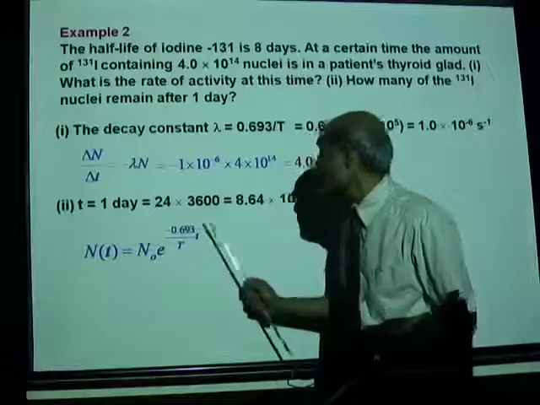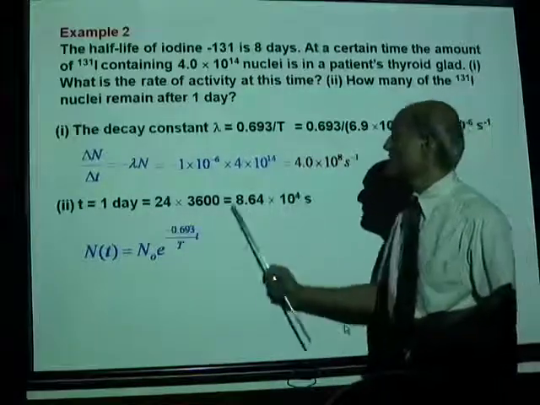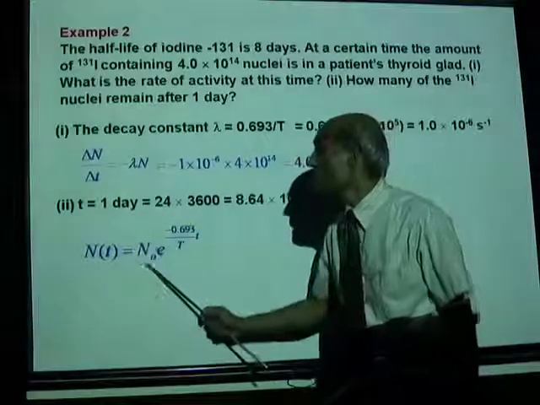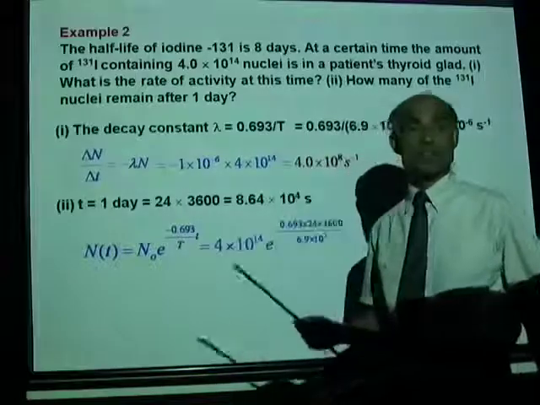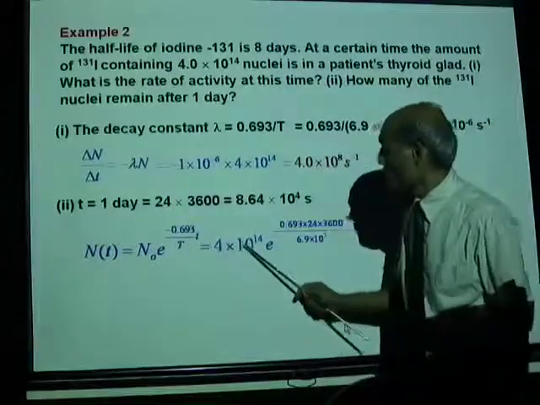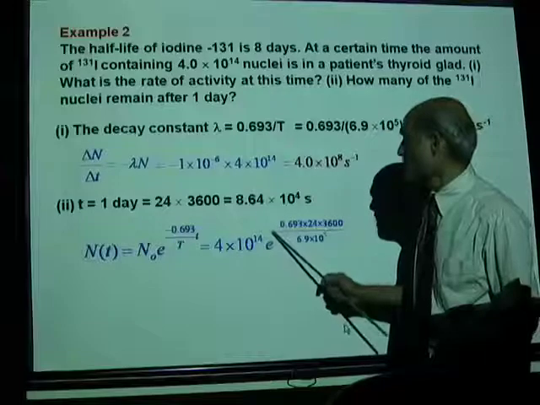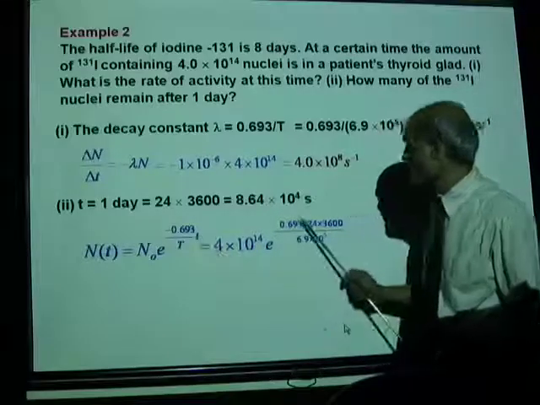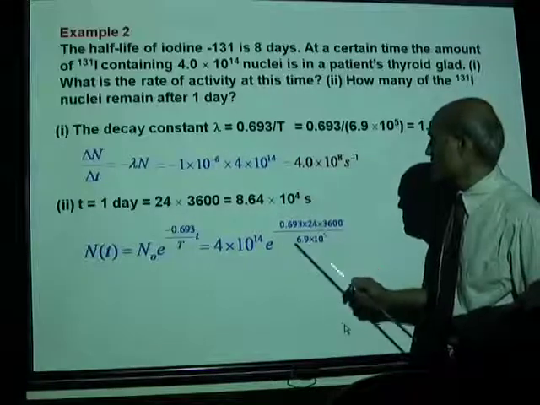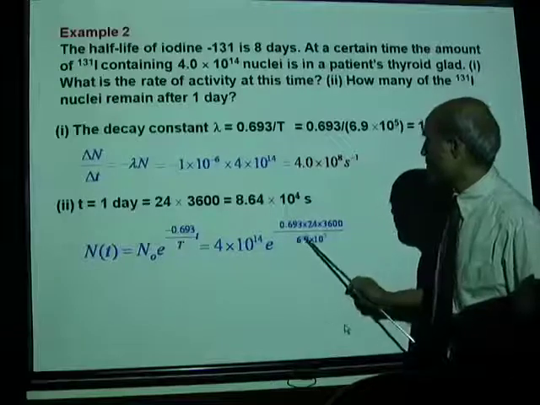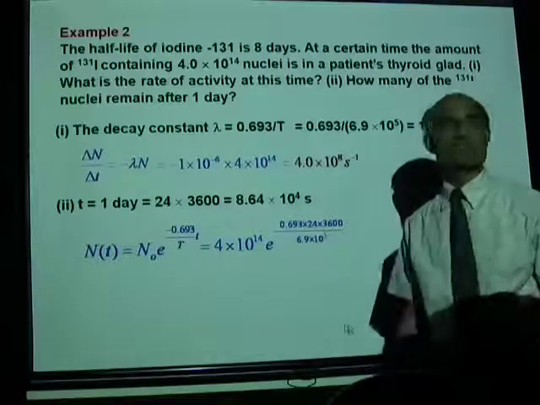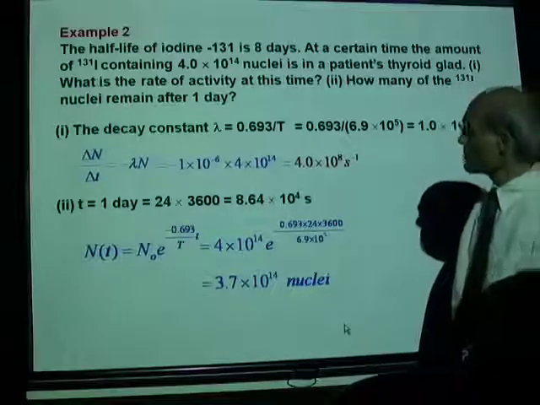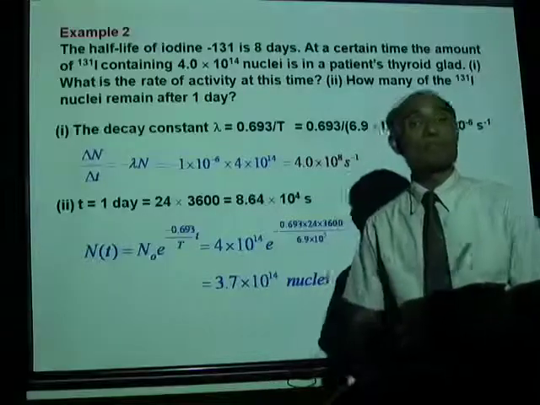So replace this t by the number of seconds in that 1 day, and we know the half-life period, and we know N_0, the original number. So the original number is 4 times 10^14 times e to the power of negative 0.693 times t, which is 24 times 3600, divided by the half-life period, 6.9 times 10^5, and that will be 3.7 times 10^14 nuclei left after 1 day.